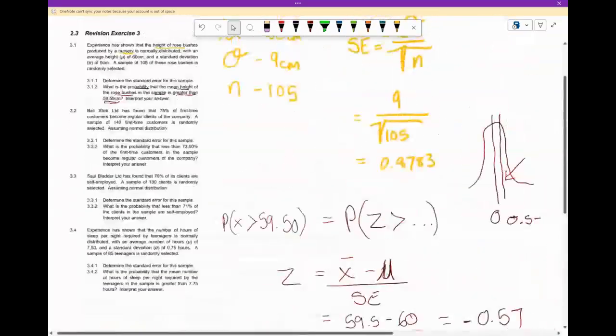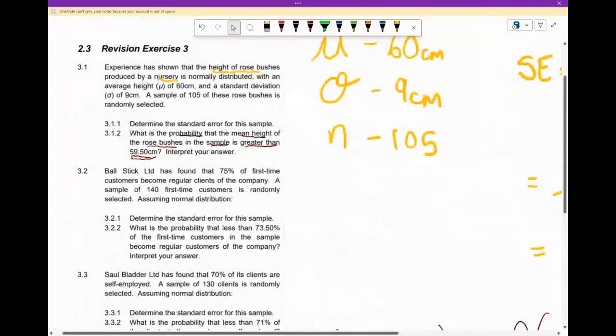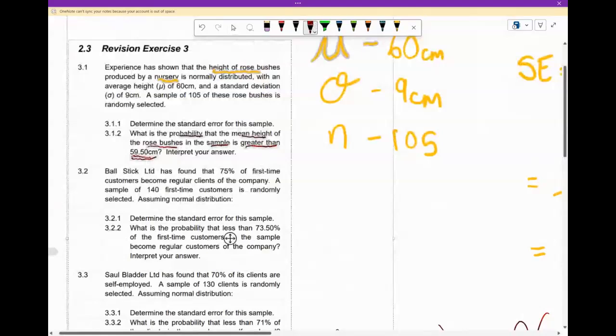We were looking at 3.1.2, and the question was, what is the probability that the mean height, in other words, the average height of the rose bushes in the sample, is greater than 59.50 centimeters?